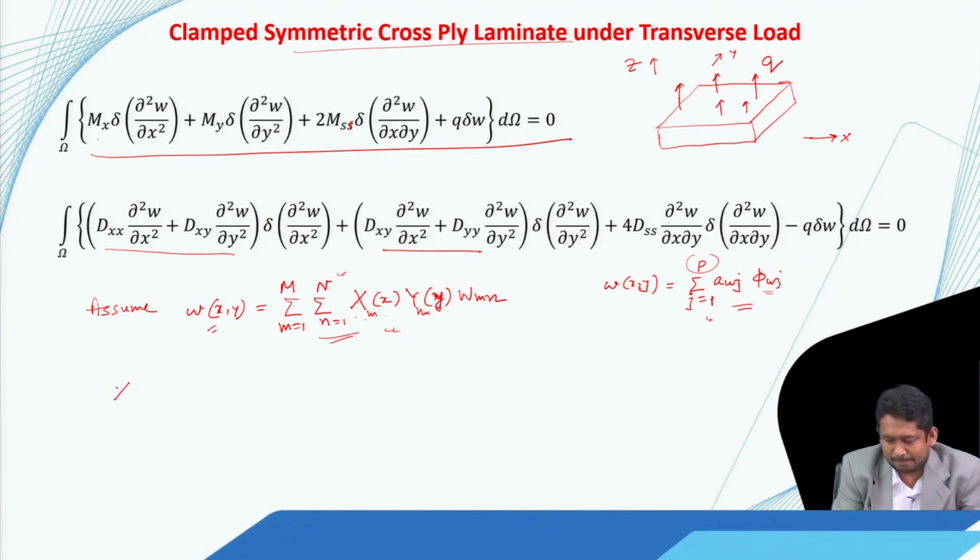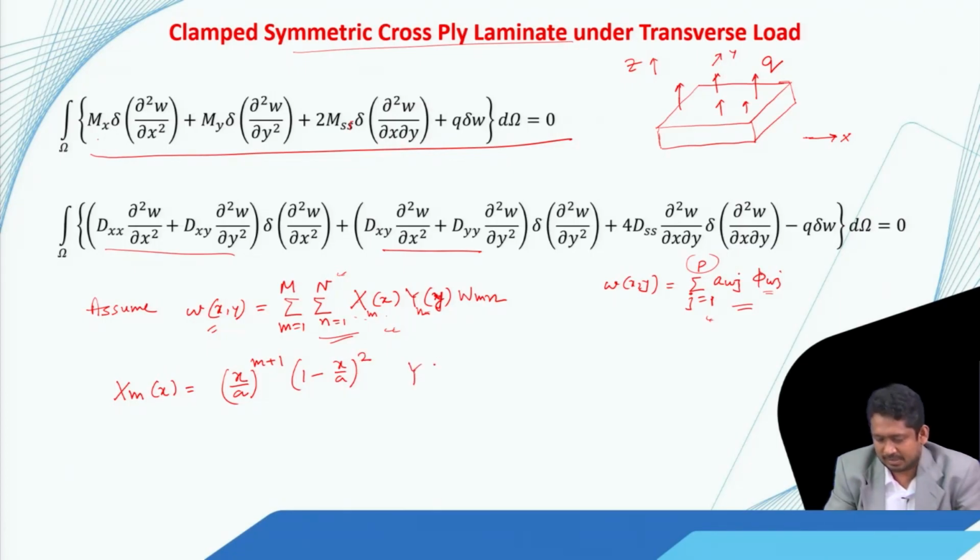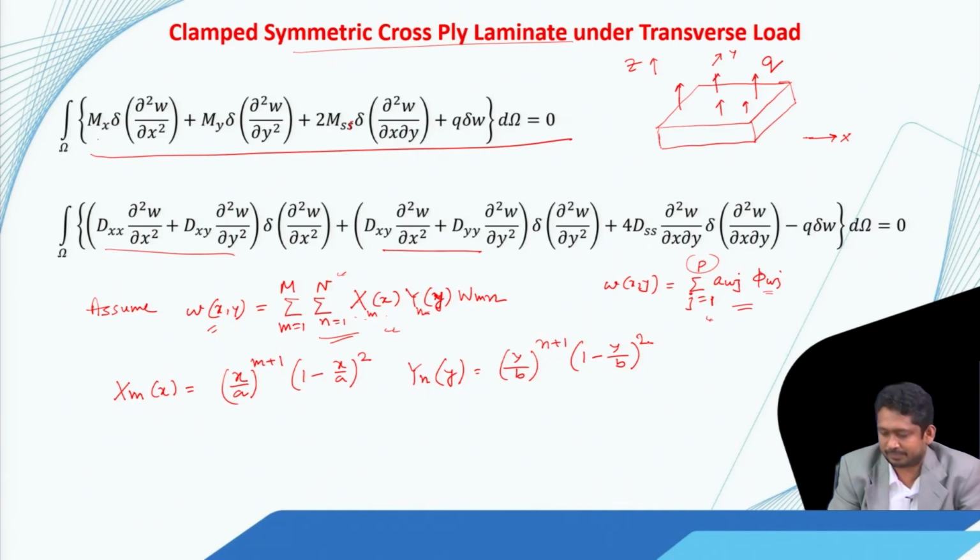So, X_m as a function of x, let us write this as (x/a) to the power m plus 1 multiplied by (1 minus x/a) whole square, and similarly Y_n, which is a function of y, let us write this as (y/b) to the power n plus 1 multiplied by (1 minus y/b) whole square.